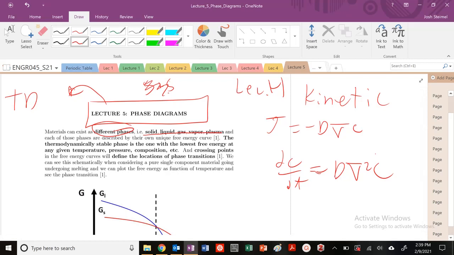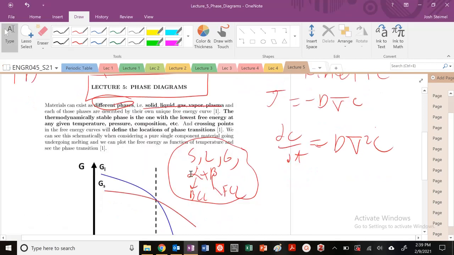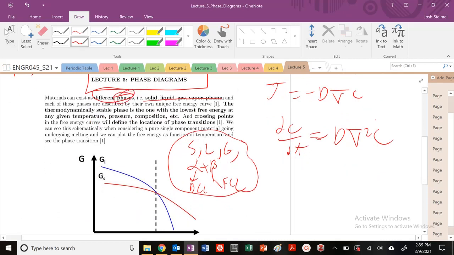So we need to figure out between solid, liquid, gas, basically alpha plus beta, which could be a BCC plus an FCC mixture phase, which of these phases is going to be the equilibrium, or lowest energy, phase in a material.